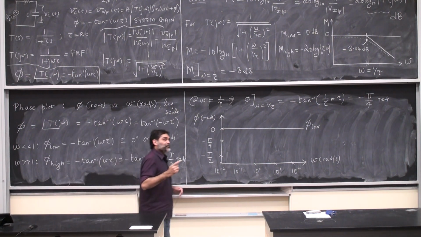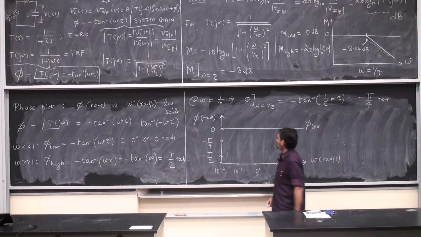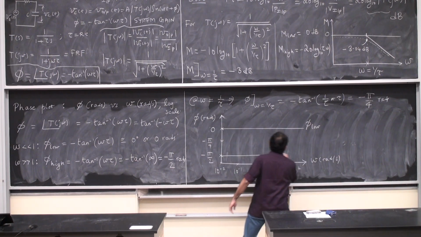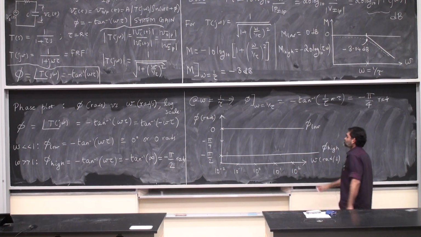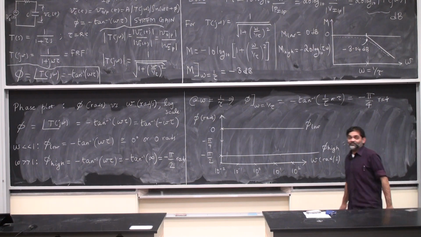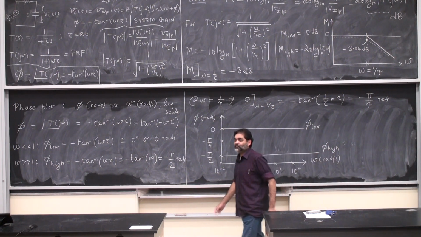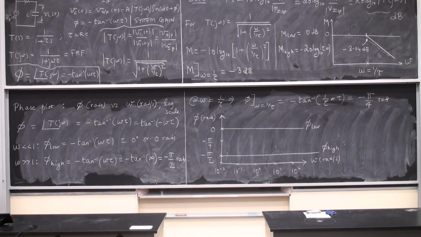Then I'm going to have the high frequency asymptote, which is minus pi by 2 at all times. And interestingly, they don't meet. Like two parallel lines intersect at infinity, if you believe in infinity. We don't, as engineers, believe in infinity, so what do we do?